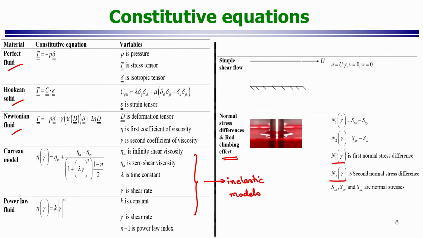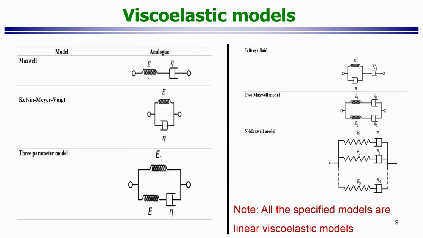With this introduction to constitutive equations, we started our journey into the viscoelastic domain, and we started with the simplest of the possible models, which is called the Maxwell model. In fact, we looked at the original paper of Maxwell, and the model is rather simple because it only has a spring and a dashpot, which together make up the viscoelastic model.